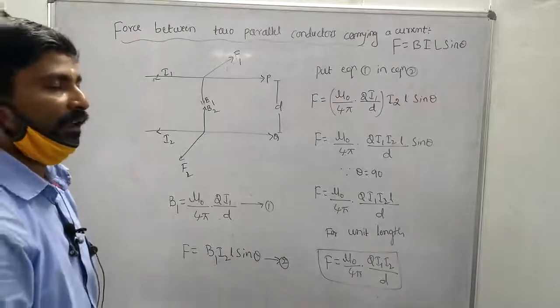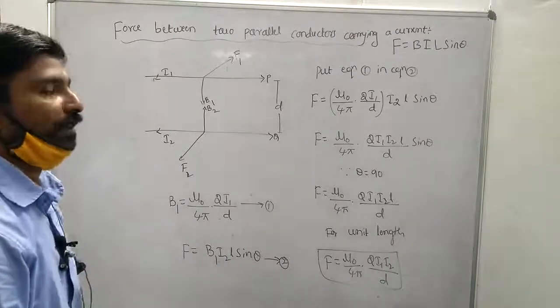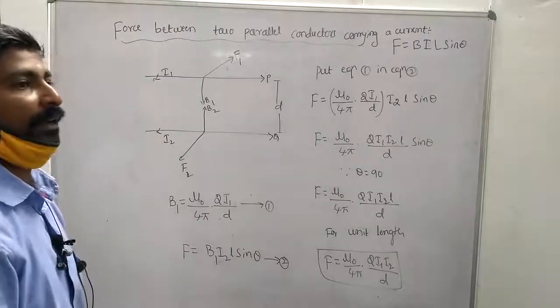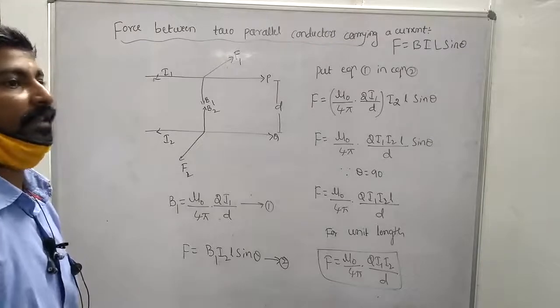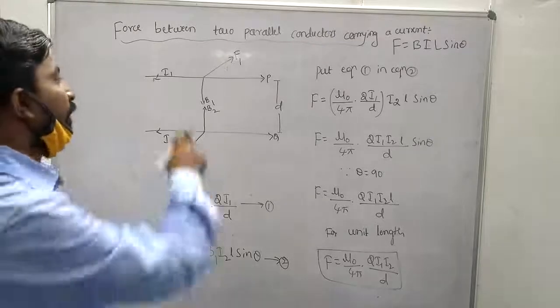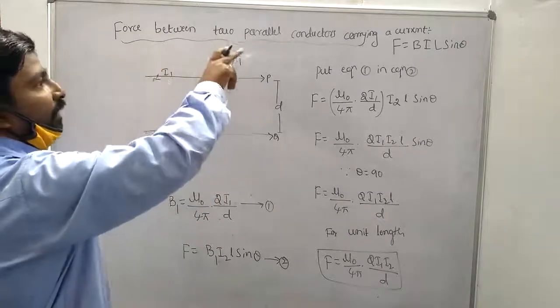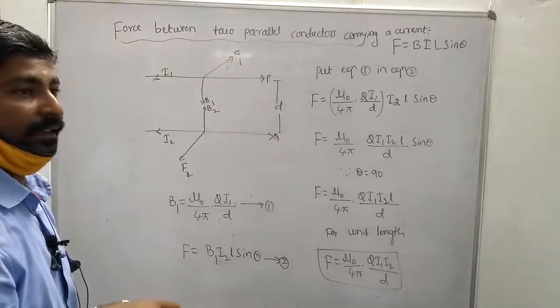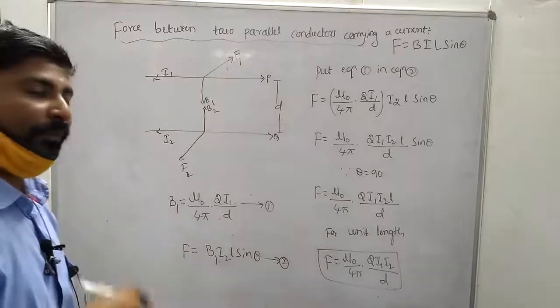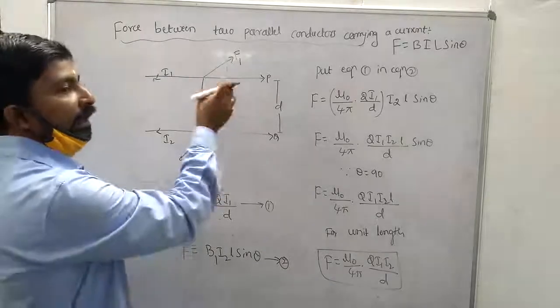Tomorrow in NEET or CET, a 1 mark question can be asked like this: the force between two parallel conductors carrying a current in the same direction, what happens here? It will be attraction.